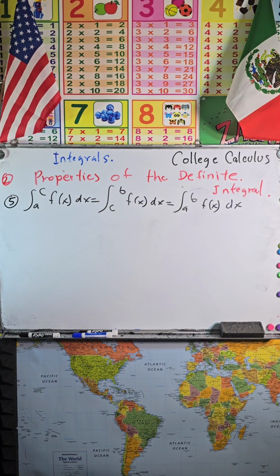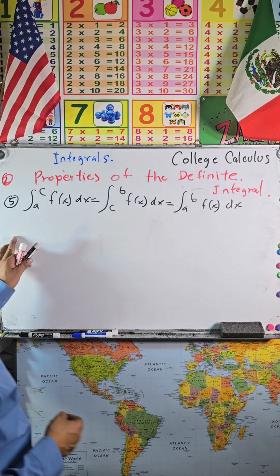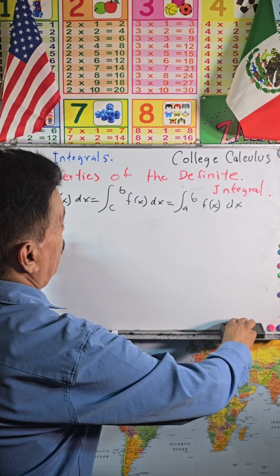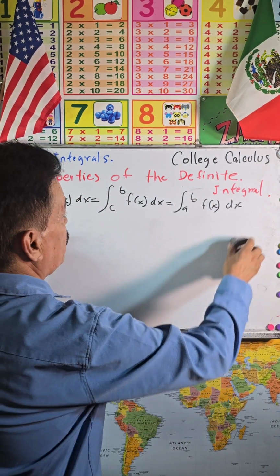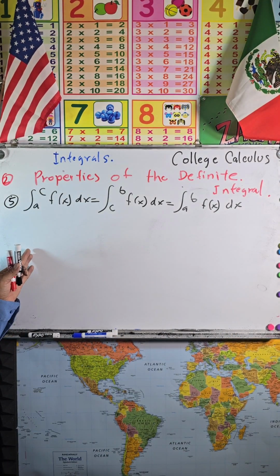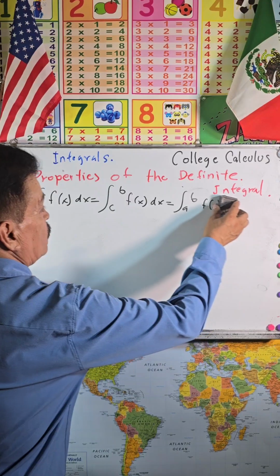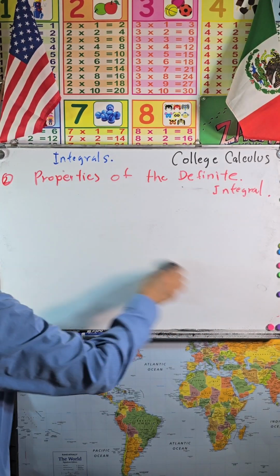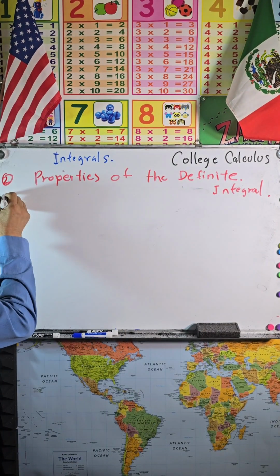So this is rule number 5. I will erase it. Okay, keeping in mind this rule number 5, I will apply it in the next problem. Okay, this rule I will erase it, and write the example.